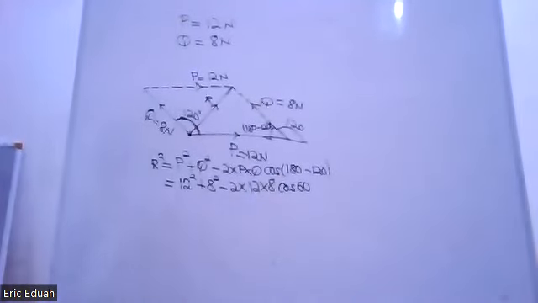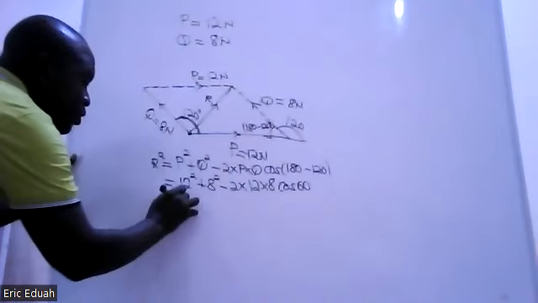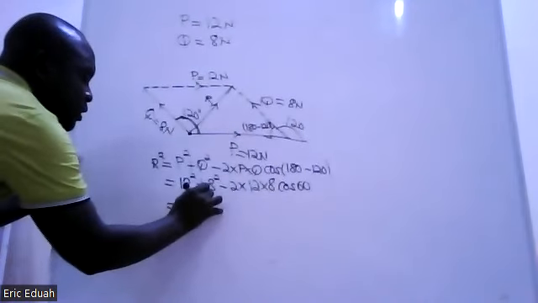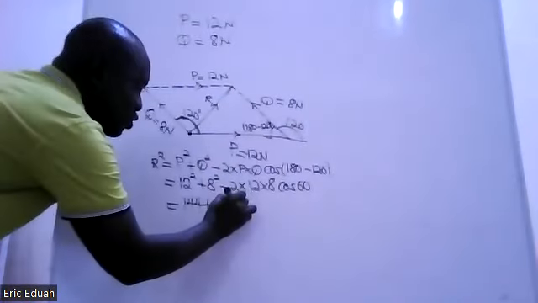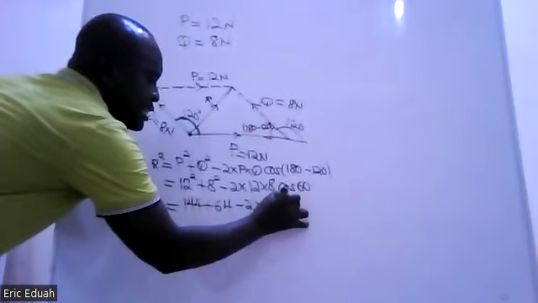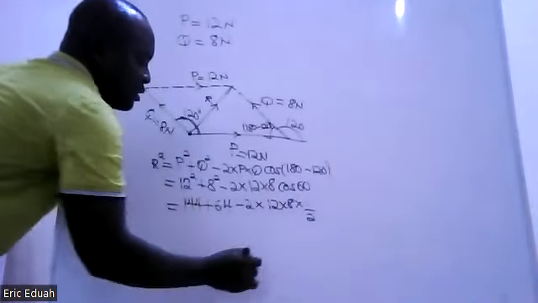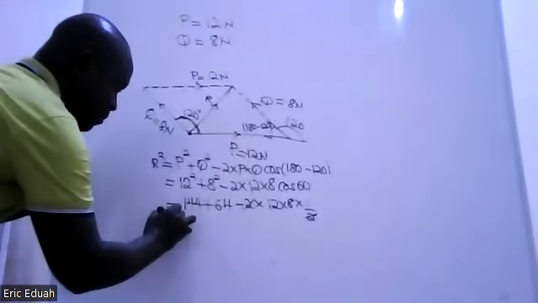So 144 plus 64, cos 60 is half, so minus 2 times 12 times 8 times half. 2 and 2 will cancel out.